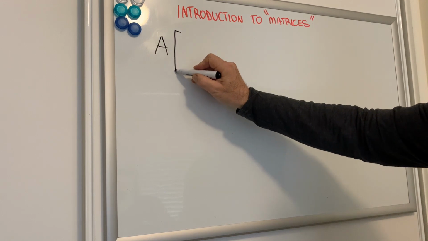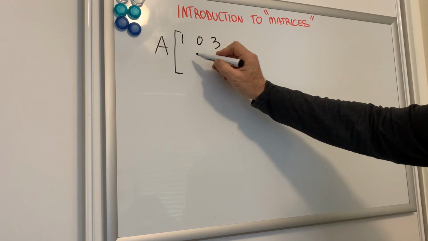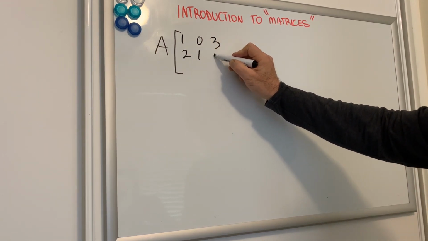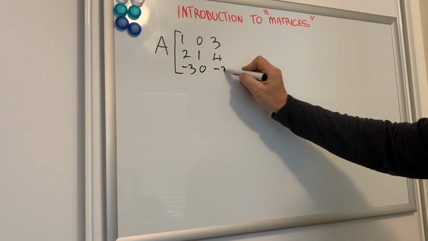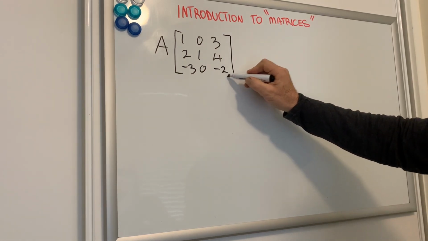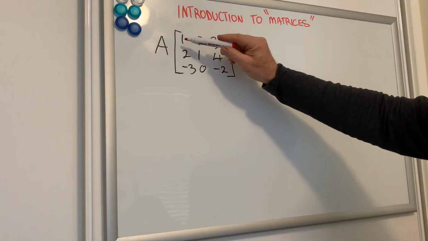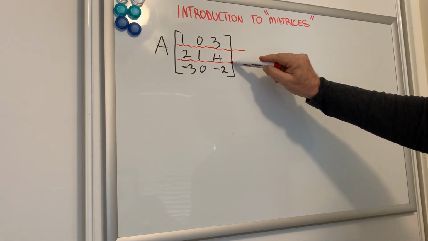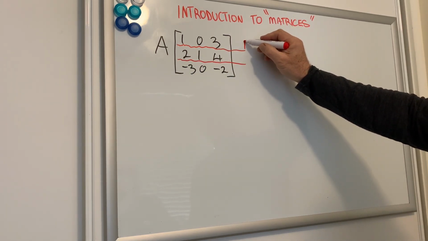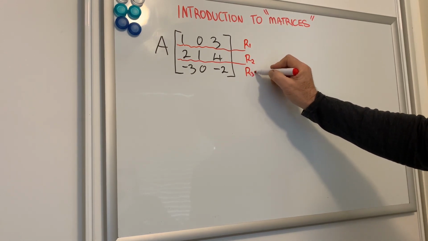Matrix A is made up of the elements 1, 0, 3, 2, 1, 4, minus 3, 0, minus 2. So when we look at the order of matrix A, what we're looking for is the rows first, which we call row 1, row 2, and row 3.